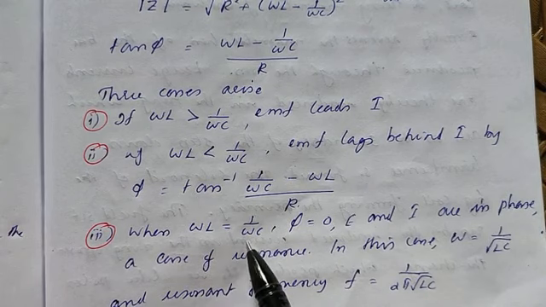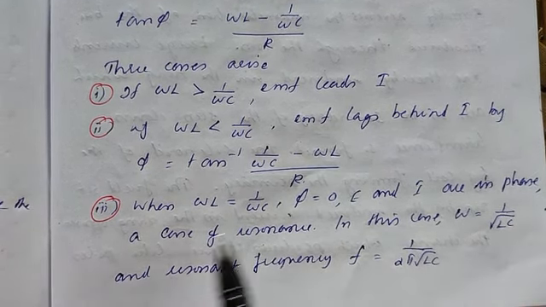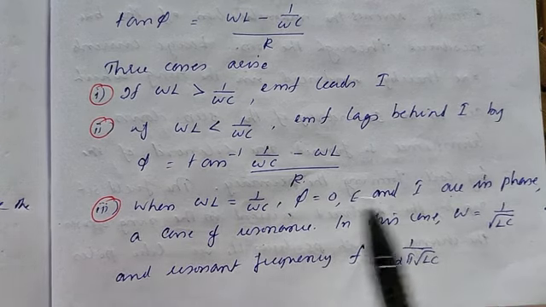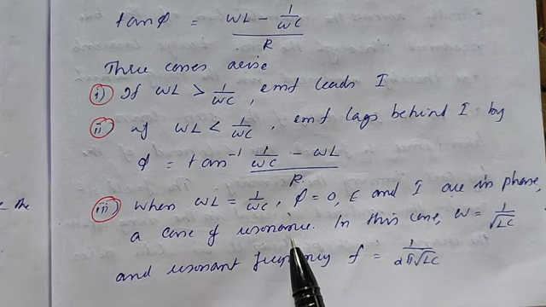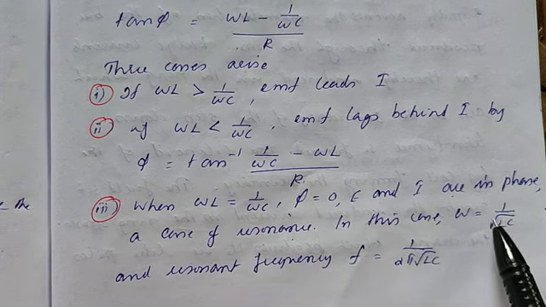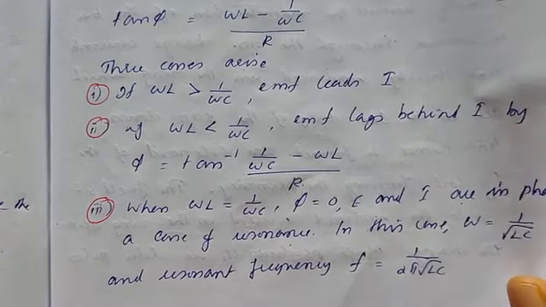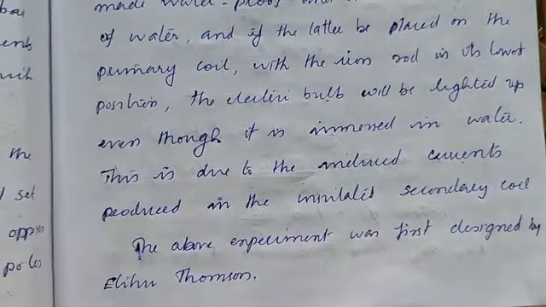And when omega L is equal to 1 by omega C, phi is equal to 0, E and I are in phase, which means these two are equal. This is the case of resonance. In this case, omega is equal to 1 by square root of LC, and resonant frequency f is equal to 1 by 2 pi root LC.